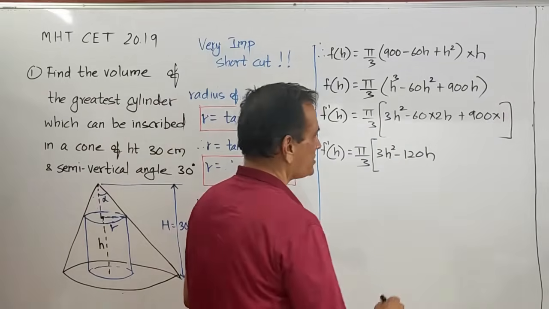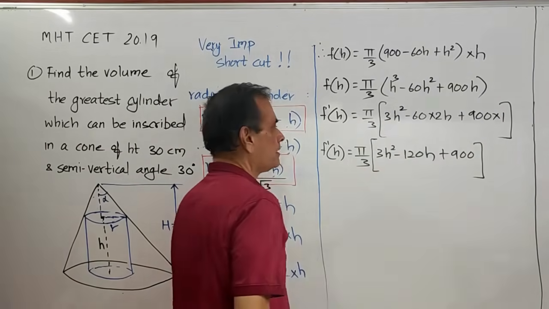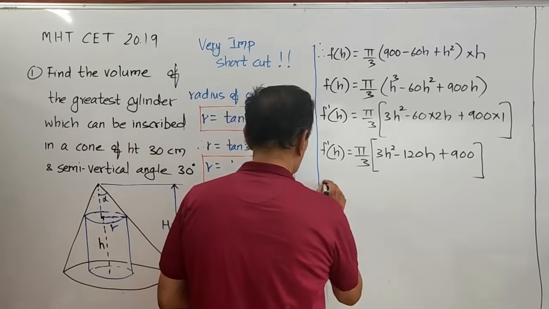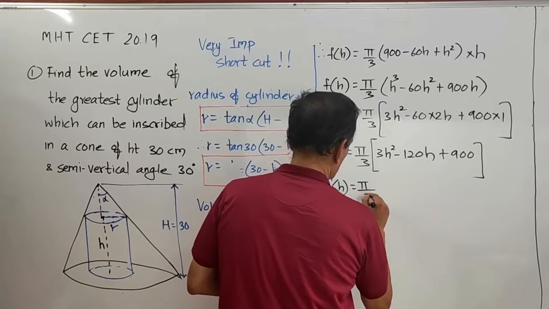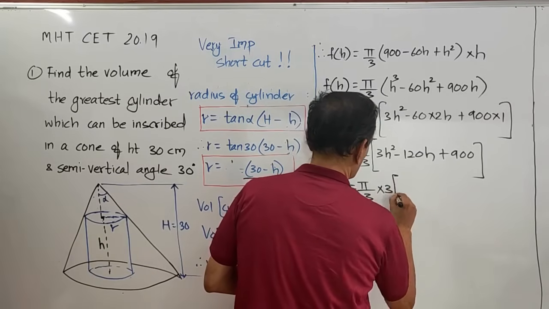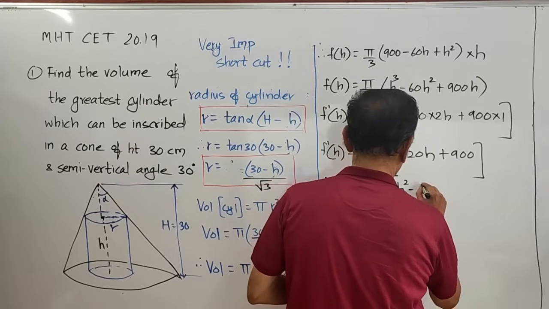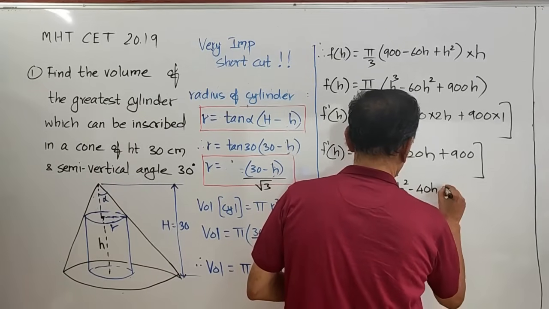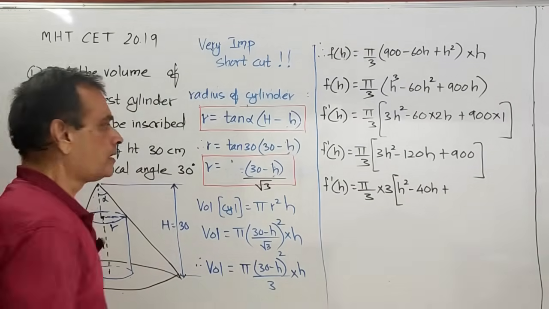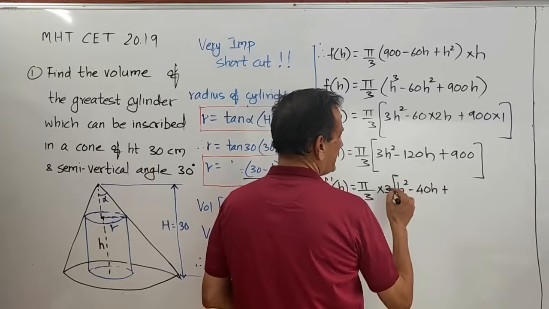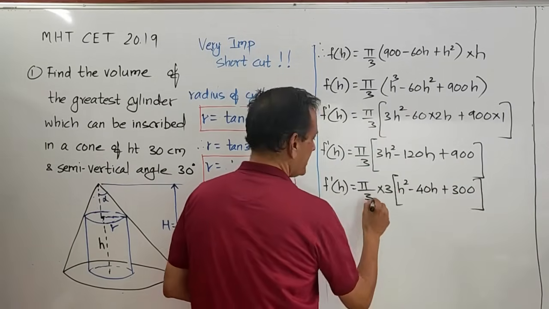Sixty into 2, 120h. Take out 3 common. 900 divided by 3 is 300. 3 gets cancelled.